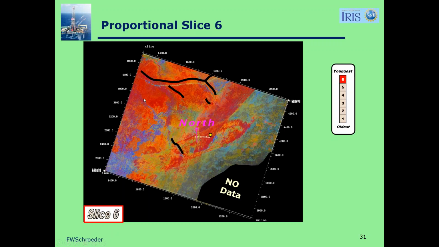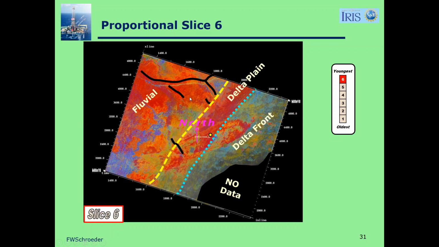And over here, we get a whole hodgepodge of different amplitudes. And so in the exercise, I've given you the interpretation that there's a boundary probably through here, separating the more continuous reflectors from the moderately discontinuous, and another boundary, the moderately discontinuous to quite discontinuous.